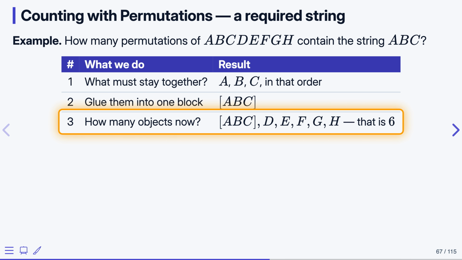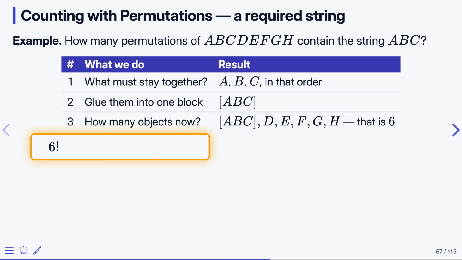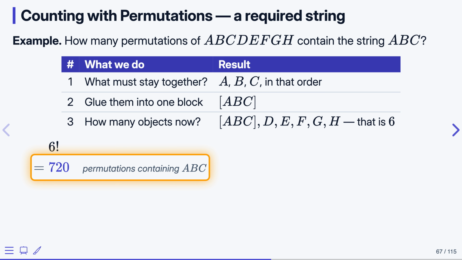Step 3. Count the objects now. The block plus D, E, F, G, and H, that is 6 objects. Arrange the 6 objects in any order. That is 6 factorial. 6 factorial is 720. Remember the trick. When items must stay together, glue them and count the glued object once.